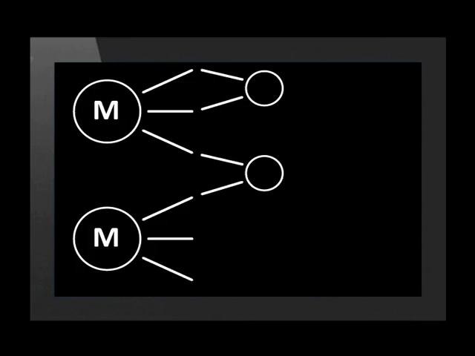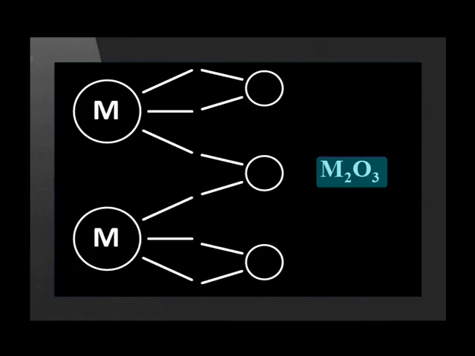Now another metal atom uses one of its bonds to join onto this molecule, which leaves it in turn with 2 free bonds. These last 2 bonds are finally bonded with another oxygen atom, which results in a complete molecule with no free bonds. It takes 2 metal atoms and 3 oxygen atoms to form the metal oxide formula of M2O3.